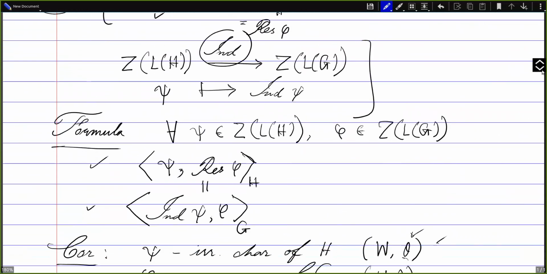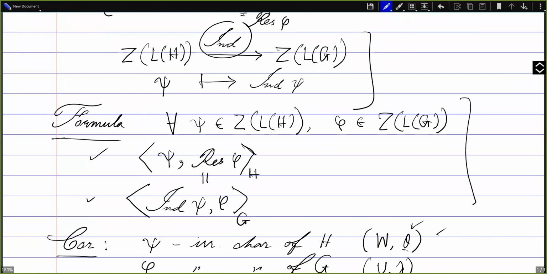Now we shall prove this Frobenius reciprocity formula. So recall that irreducible characters form a basis of class functions of any finite group. So therefore, psi is just the sum of irreducible characters of H, and similar things hold for phi.